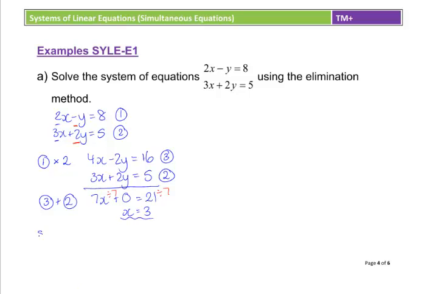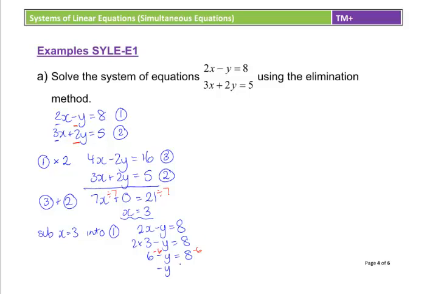To find y, I substitute x equals 3 into any of the equations. Okay, so 1, 2 or 3. I'm just going to substitute it into equation 1 and I'll get 2x minus y equals 8. So 2 times 3 minus y equals 8. 6 minus y equals 8. Take 6 from both sides.